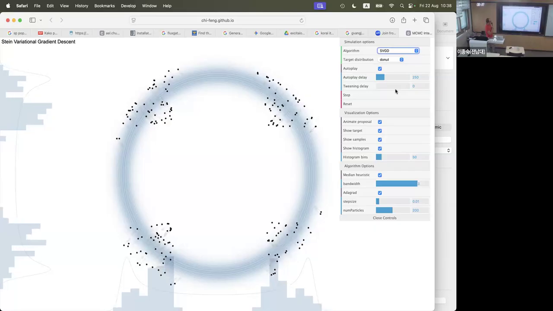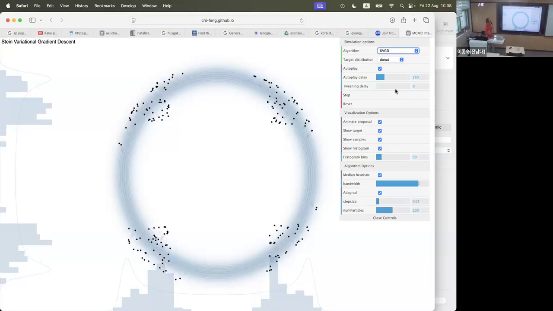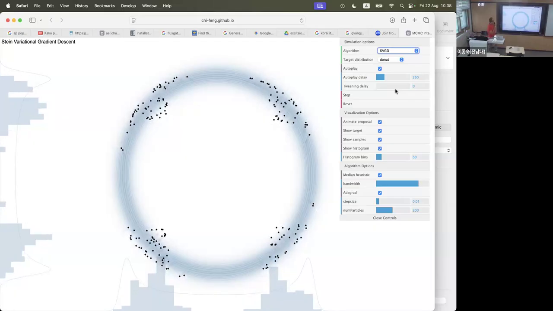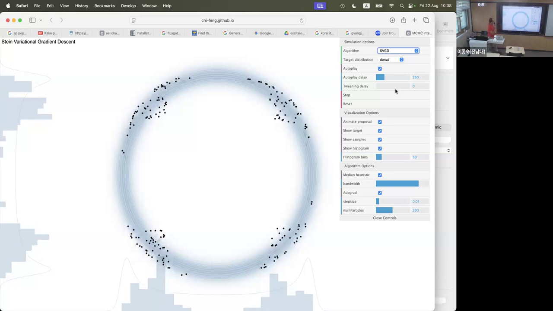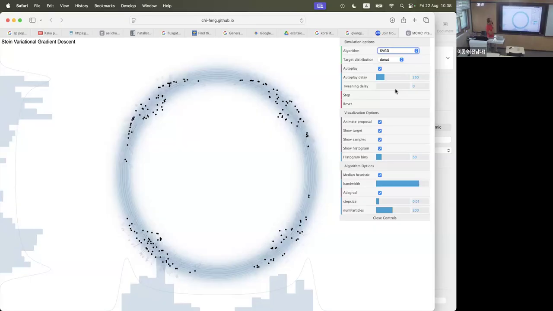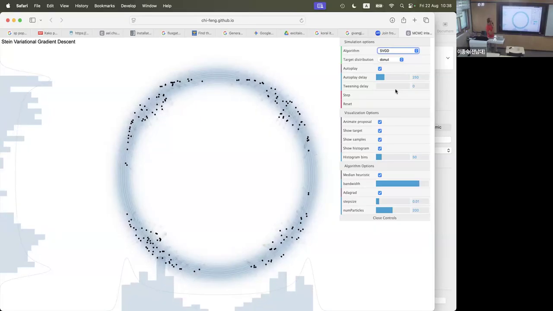It slowly converges, and when it hits the ridge, it will just spread around. It's a really nice effect, because you see here in the middle, there are no samples. It was impossible to get it, and it will do it. So it's spreading around now.